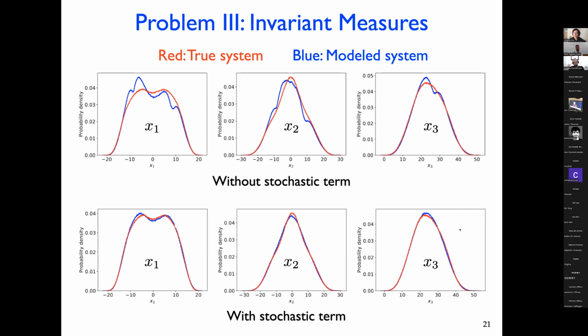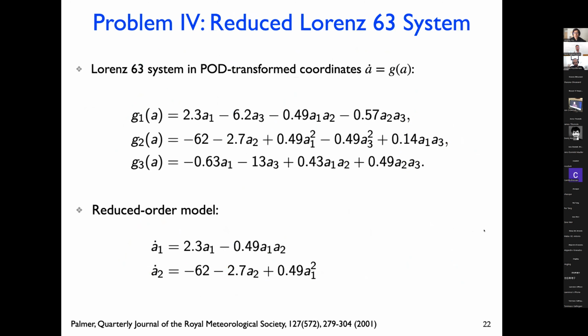So in order to further test the performance of this method, we try to study another Lorenz 63 system, which was studied by Professor Tim Palmer about 2 decades ago. For the true system, we write the Lorenz 63 system in POD transformed coordinates such that the third dimension carries least energy.